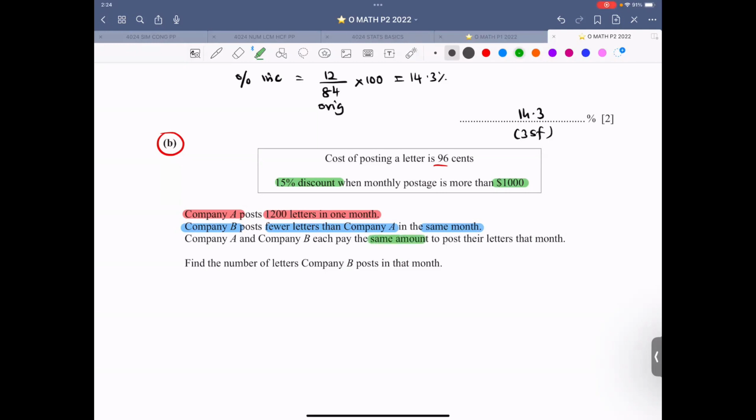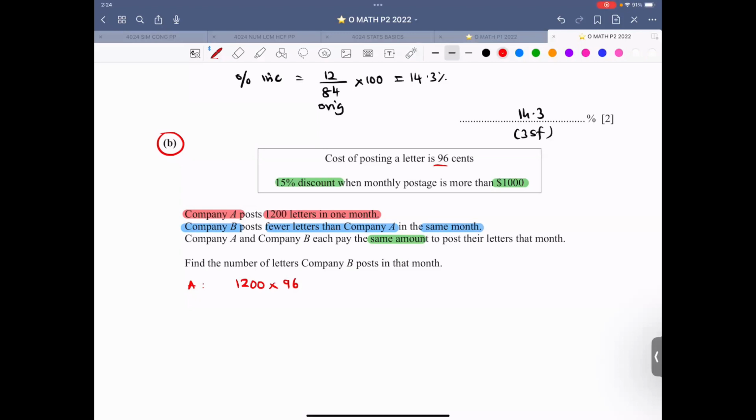I'll find the number of letters company B posts in that month. Now, first of all, if I take 1,200, this is for company A. And if I multiply it with 96, so let me grab my calculator. This is 1,200 into 96.